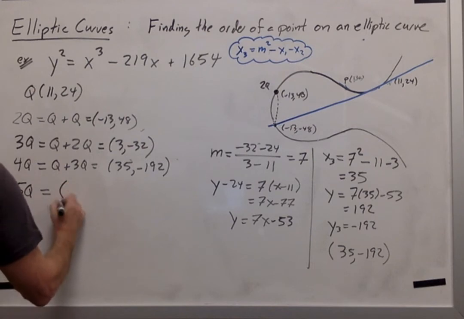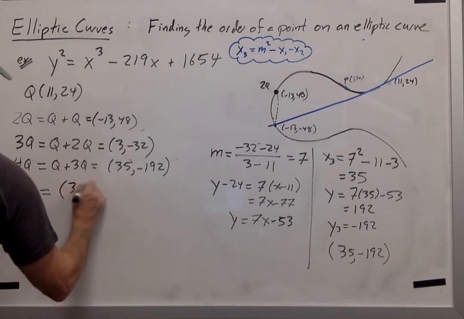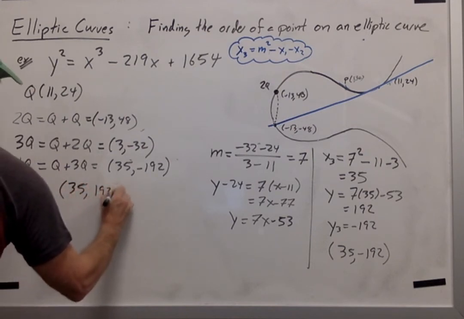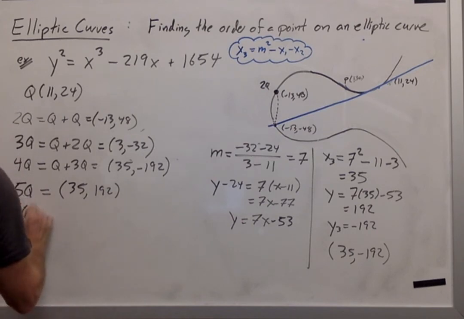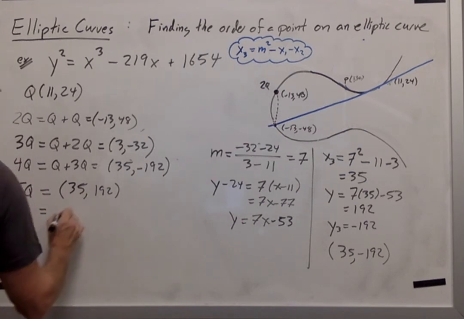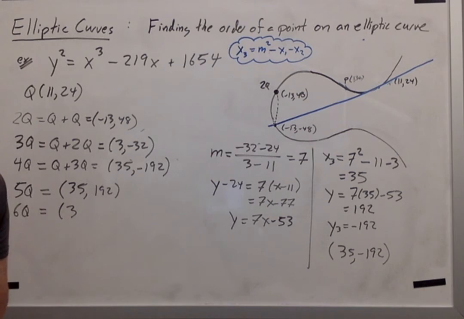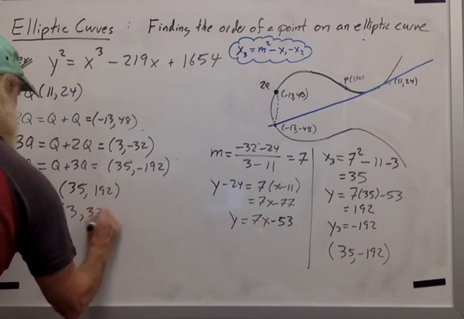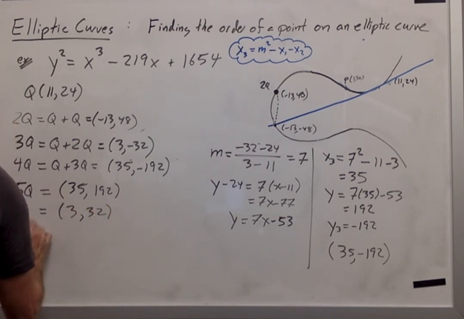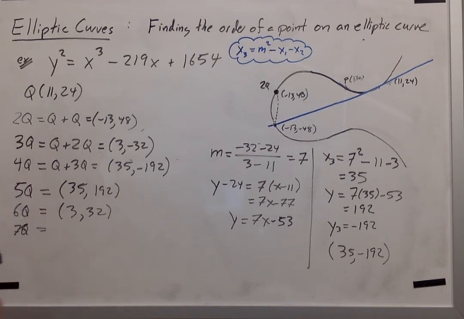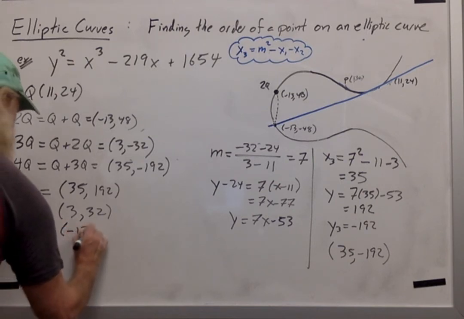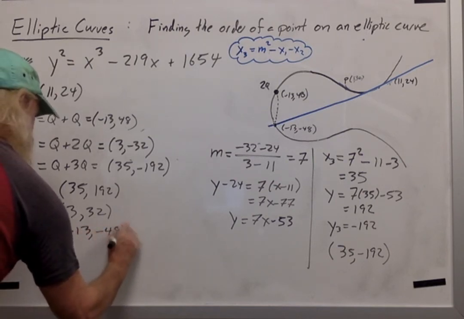For 5Q, you should have gotten (35, positive 192). For 6Q, you get (3, 32). For 7Q, (negative 13, negative 48).